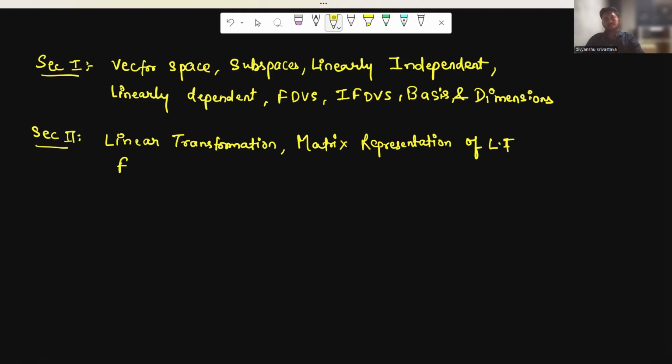Then fundamentals of matrices, then system of equations.